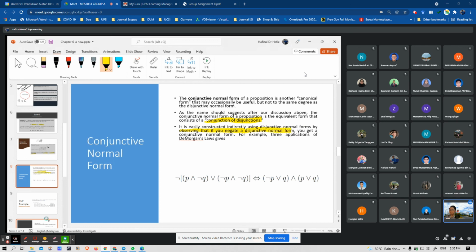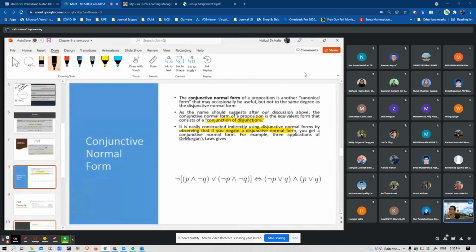For example, three applications of De Morgan's laws. We use De Morgan's laws, and for example here we negate P and negate Q, that is equivalent to negate P or Q, and P or Q. This one is using the conjunctive.